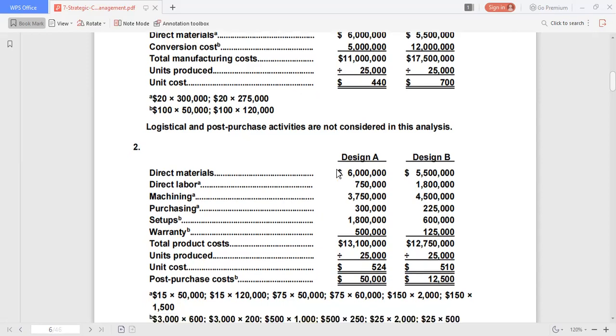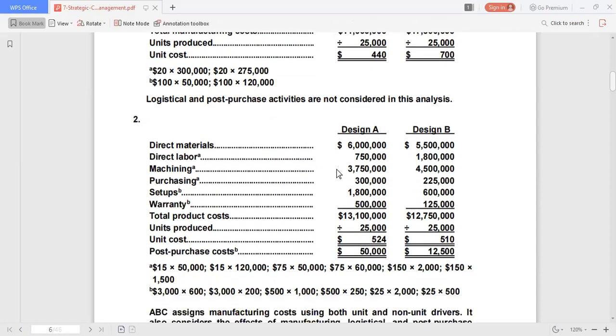Then for setups, we multiply 3,000 times 600 and 3,000 times 200.